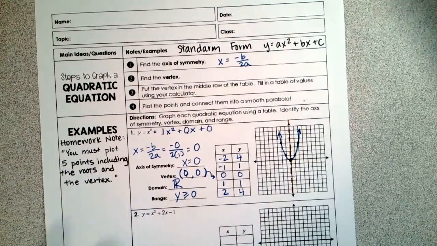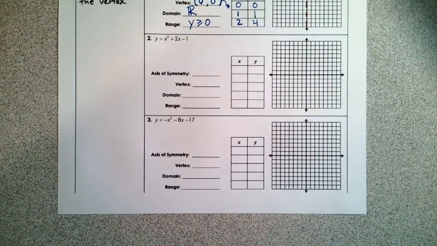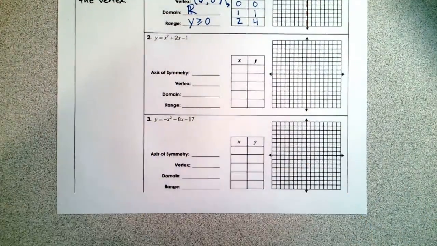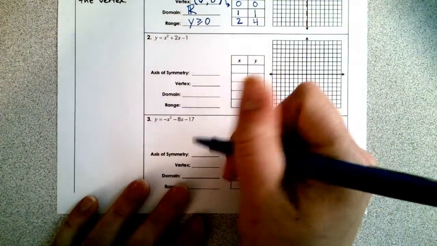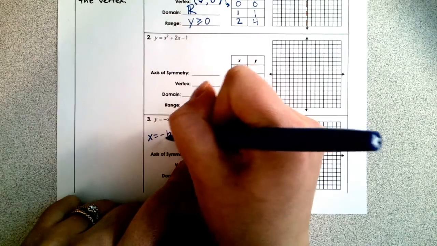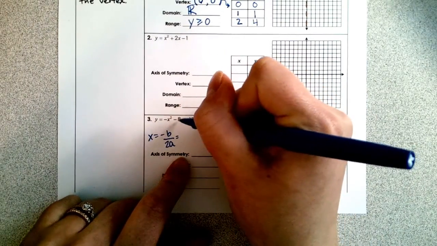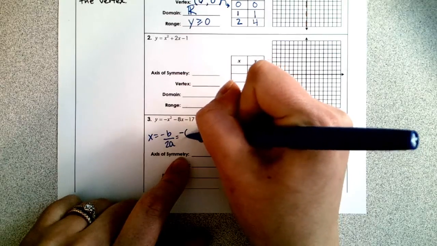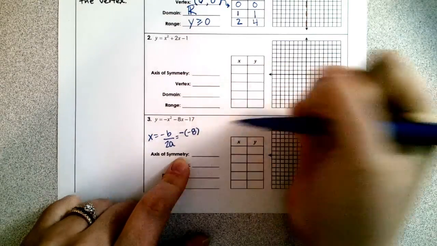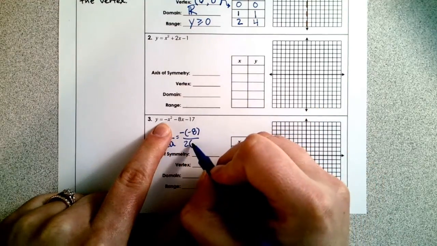All right, we're going to jump down to number 3 here. This one is only slightly more tricky because we just have more numbers to deal with. So the same process, the axis of symmetry is x equals negative b over 2a. In this problem, b is negative 8, so we have negative 8 over 2 times a is negative 1.